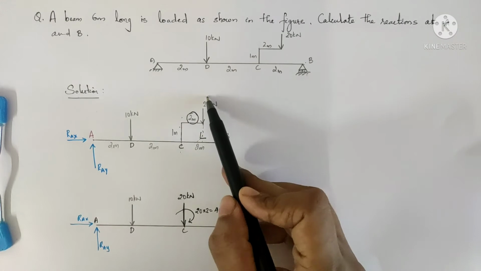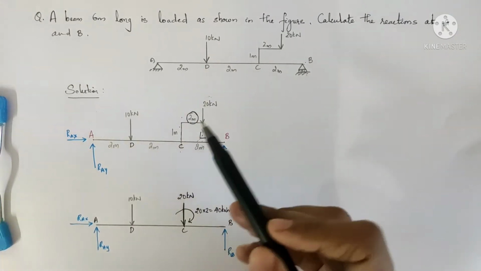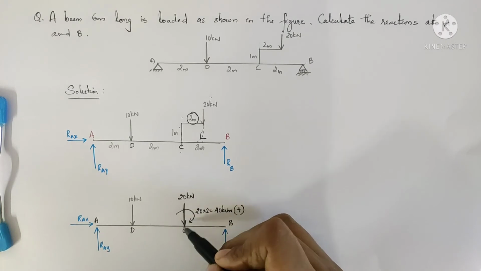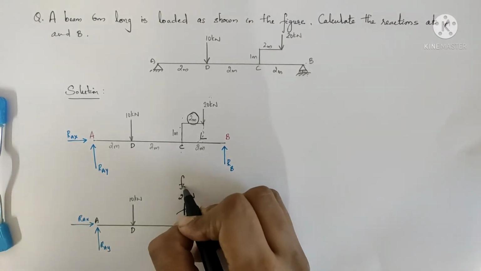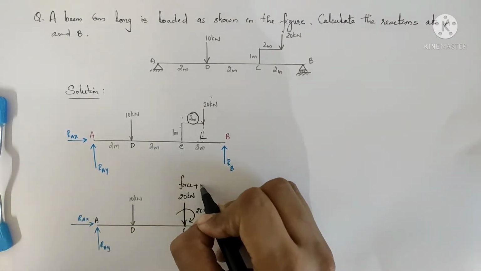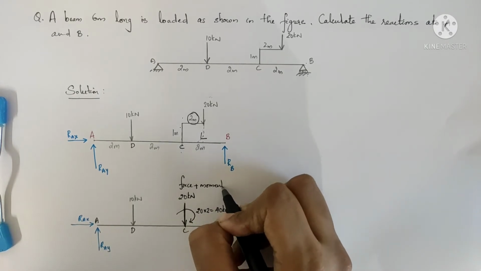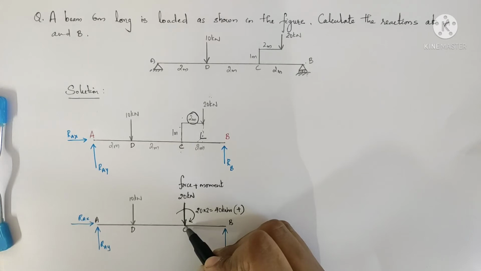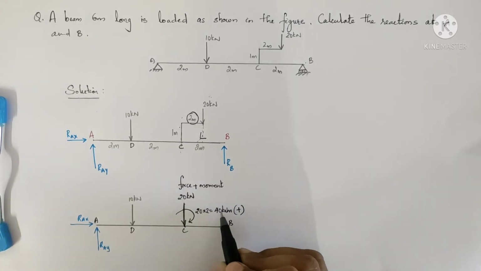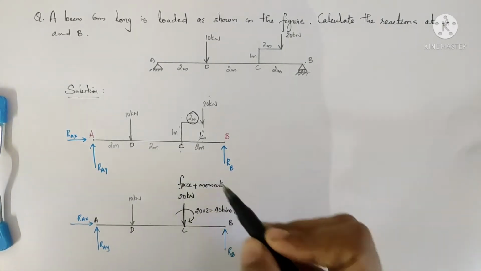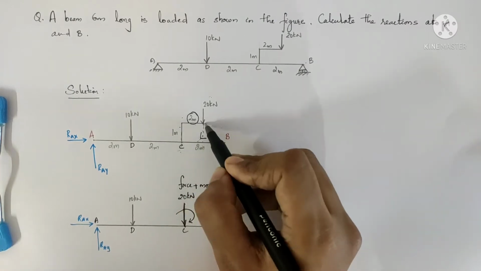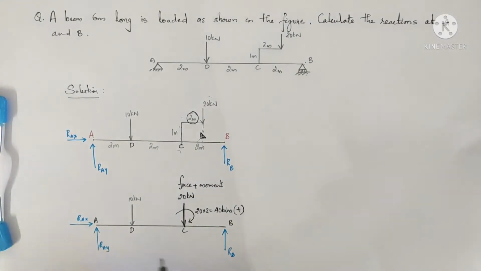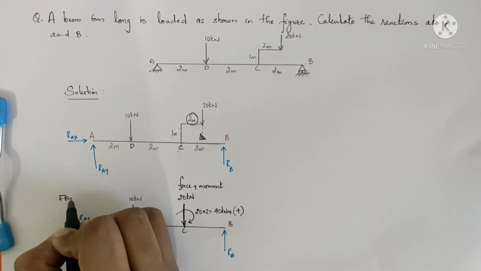So it will be in the form of force plus moment. The force 20 kilonewton is acting downwards at point C, and the moment is 20 into 2 equal to 40 kilonewton meter in the clockwise direction. So this is the free body diagram that we require.